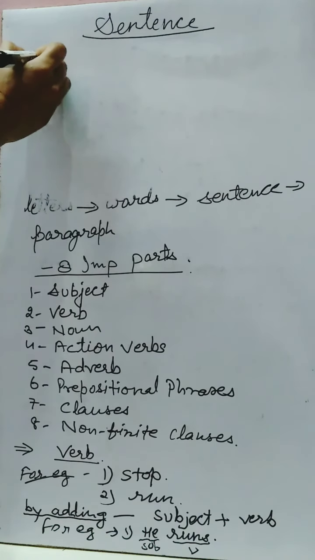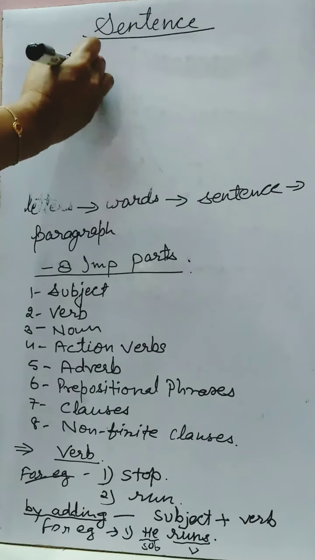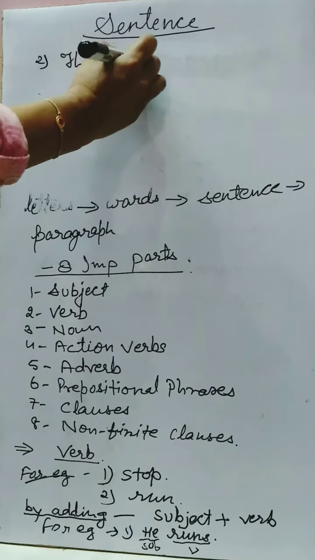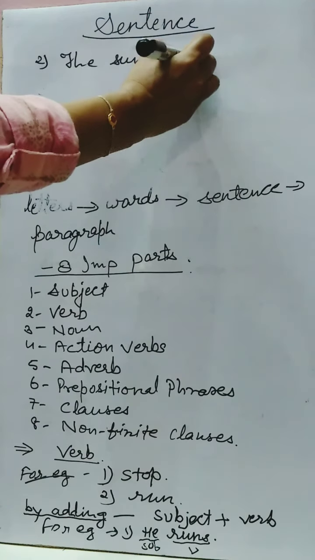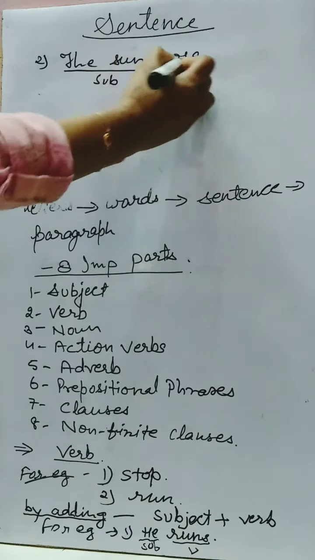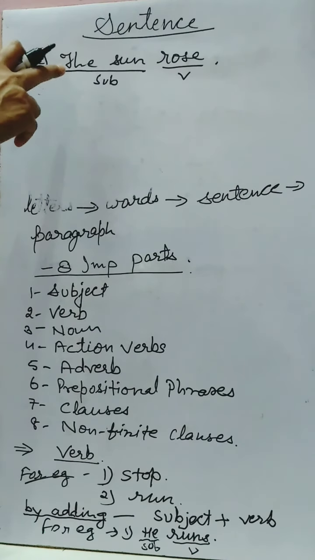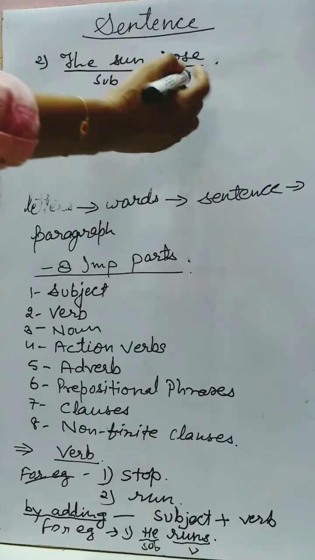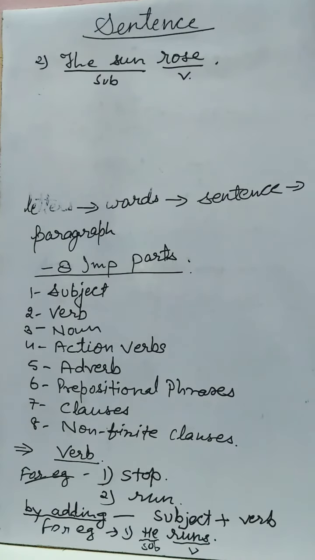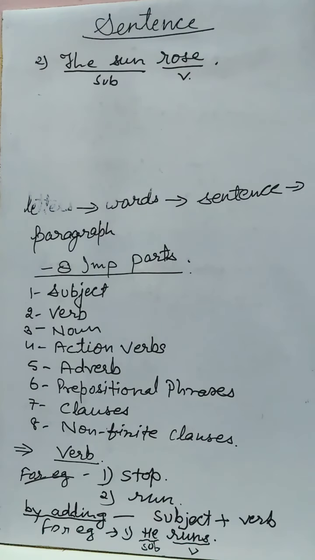See more examples. Number 2, example you see here: the sun rose. Here the sun is the subject and rose is the verb. So by adding a subject before the verb, you can make a larger sentence than the simplest one.